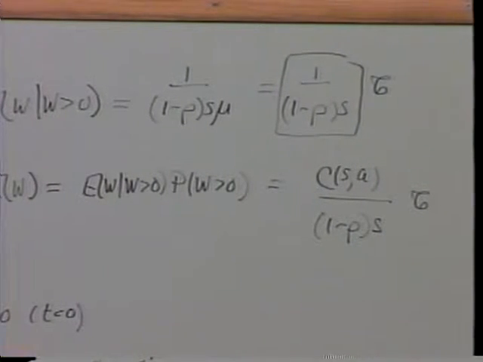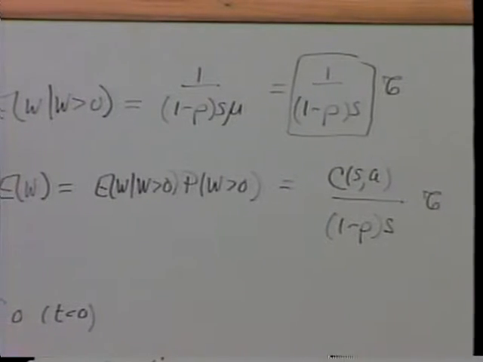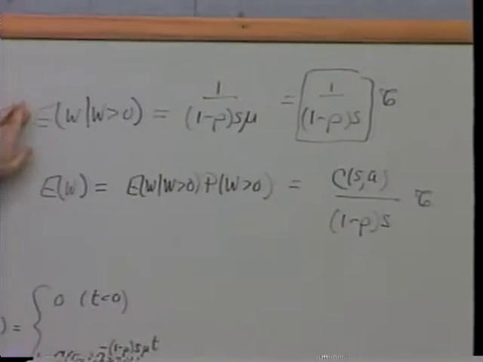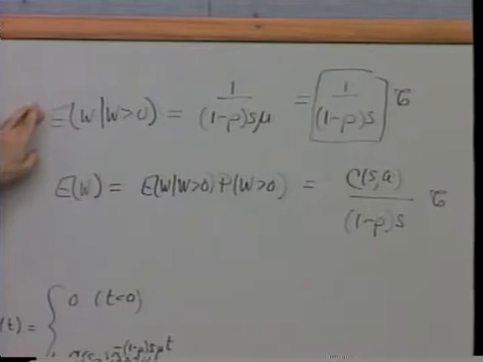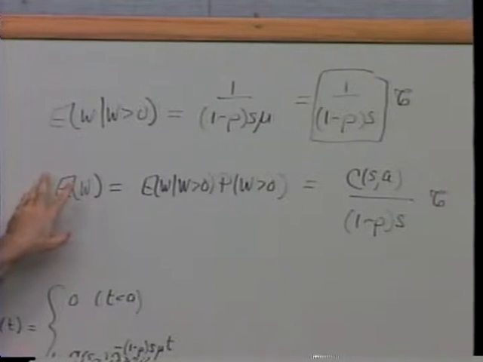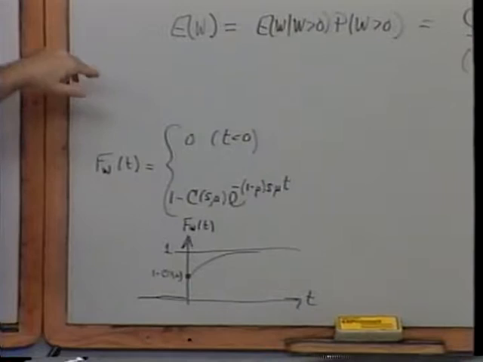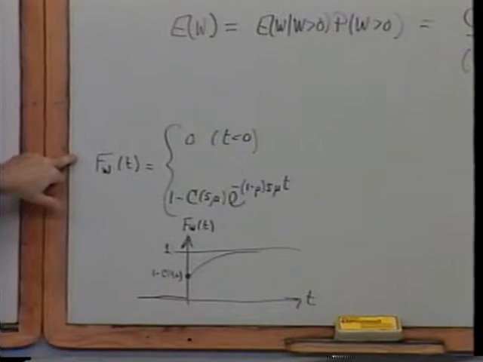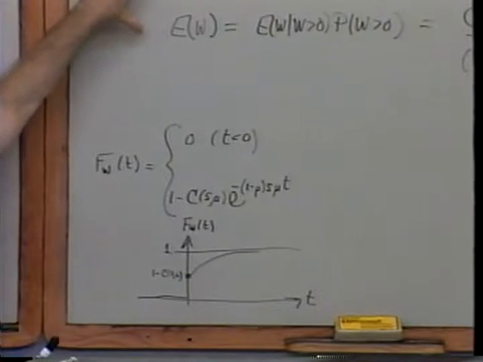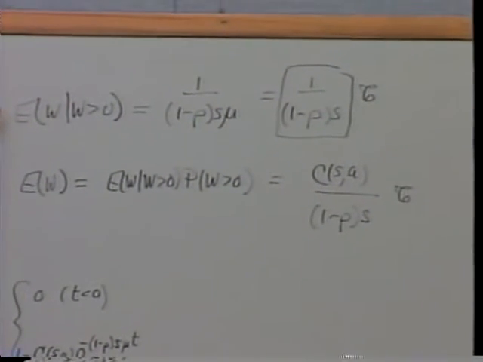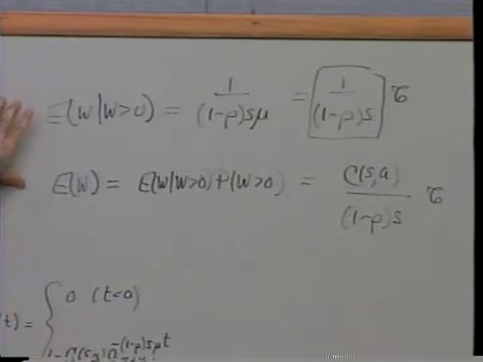So these are nice, simple, important formulas for mean waiting time for those customers who are not served immediately, and overall mean waiting time. Here's the total distribution function of waiting times. Now it turns out, as we'll see later, that although this requires that the queue discipline be FIFO, these are valid whether the queue discipline is FIFO or not, so that makes them a lot more powerful.